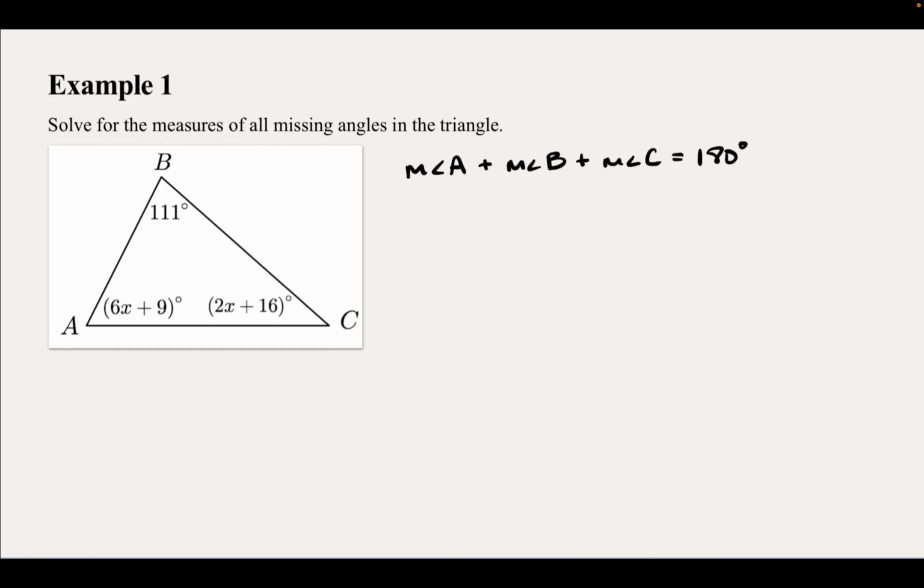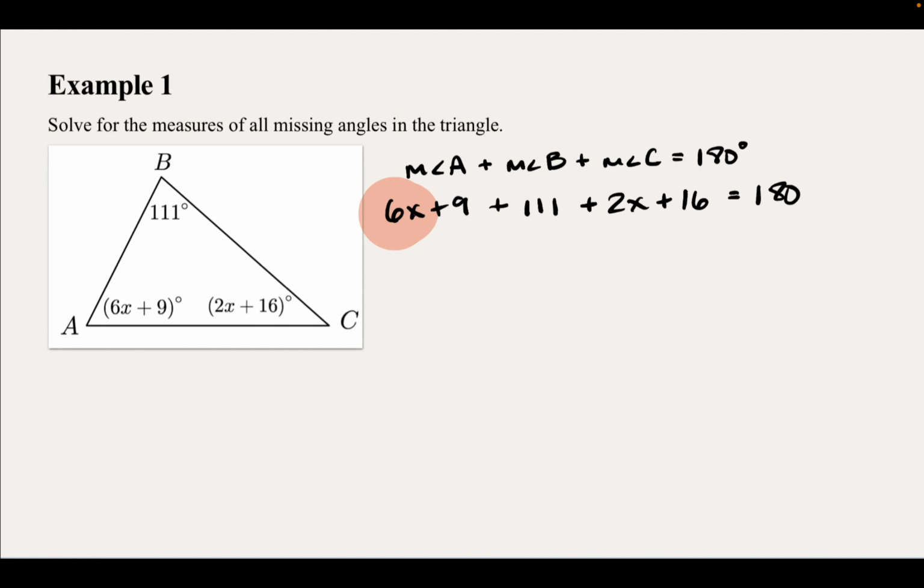I'm going to go ahead and substitute what I know, 6x plus 9 plus 111 plus 2x plus 16 equals 180. Well, that's actually for angle C, so I'm going to keep it in the right order.